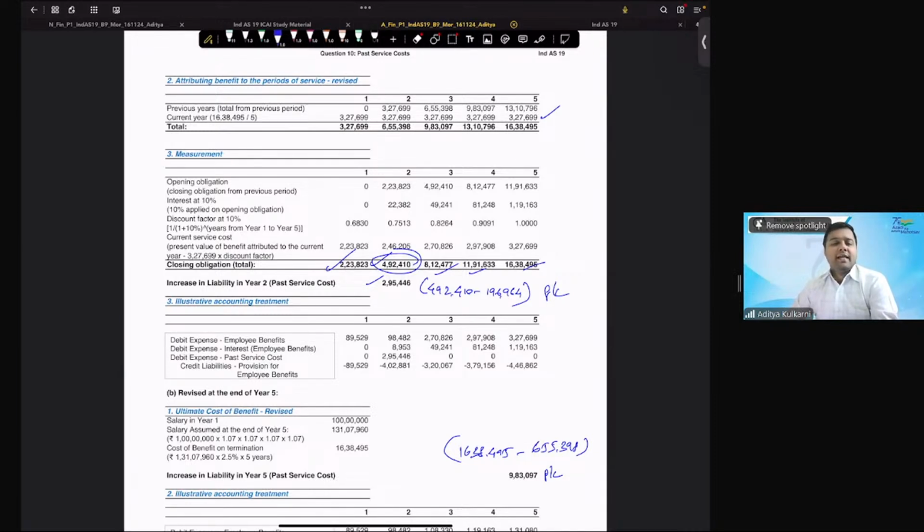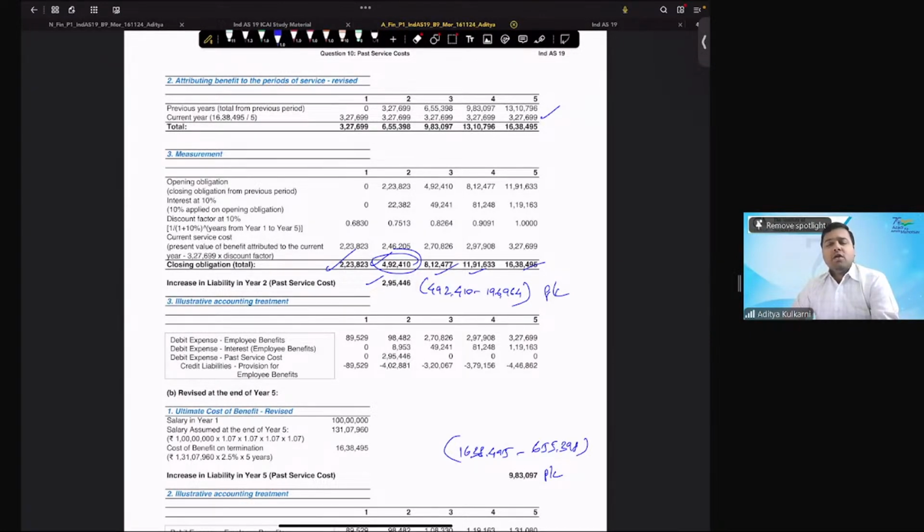Vested means you will get cash against the unutilized leave, and non-vested means you are able to carry forward the leave to the subsequent period. So that is as far as compensated absences were concerned. The key point is you are going to accrue the cost depending on the estimate of the leaves that you will utilize in the case of non-vested accumulating benefits. So that is your short-term benefits.